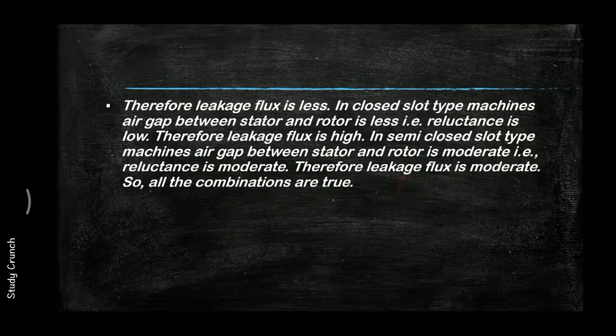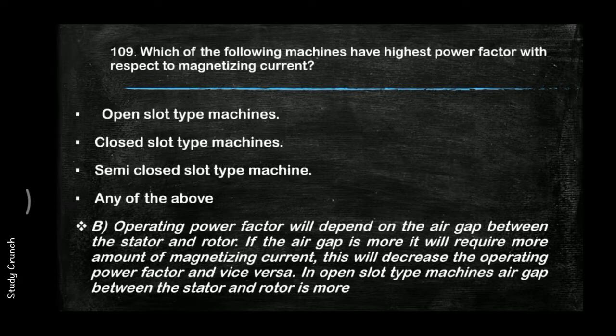Next, which of the following machines have the highest power factor with respect to magnetizing current? So the answer is, it is closed slot type machine. We know that operating power factor will depend on the air gap between the stator and the rotor. If the air gap is more, it will require more amount of magnetizing current. This will decrease the operating power factor and vice versa.